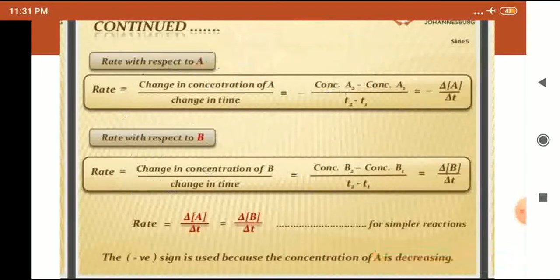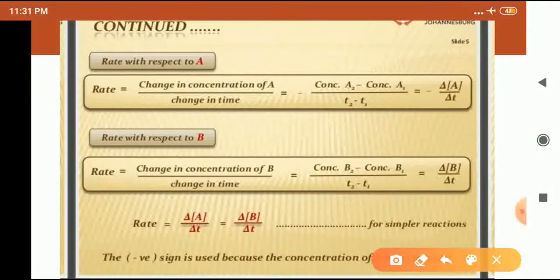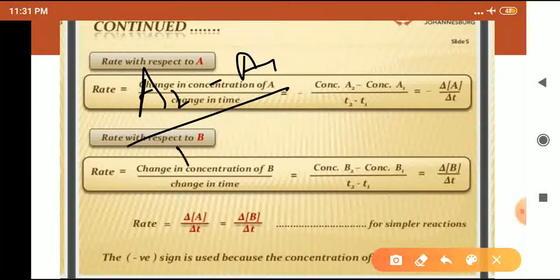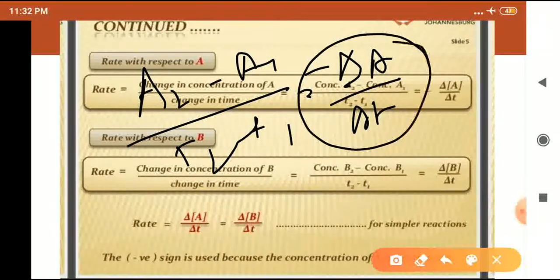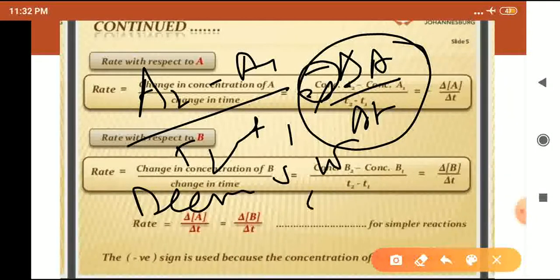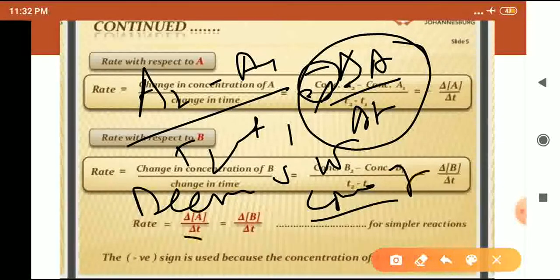Then change in concentration means A2 minus A1 by T2 minus T1, which is equivalent to change in concentration by change in time. Negative sign indicates the decrease in the concentration, as was evident from the graph: decrease in the concentration of reactant with passage of time.